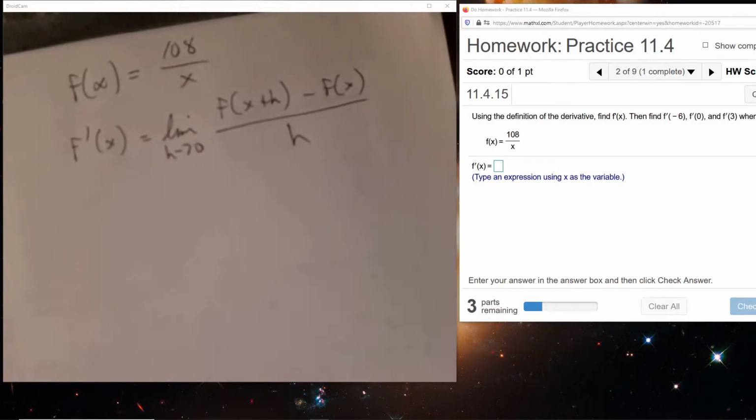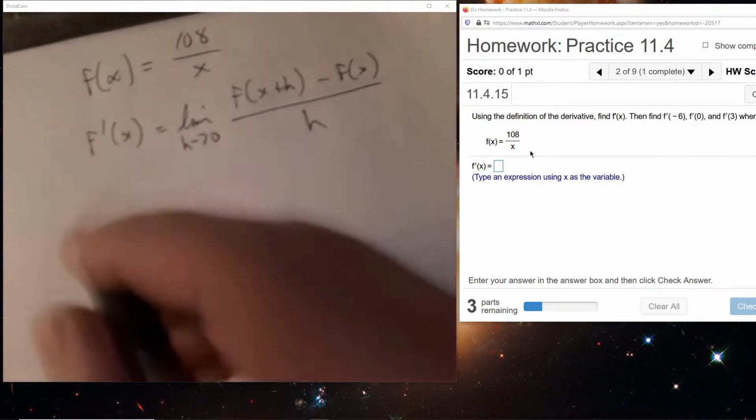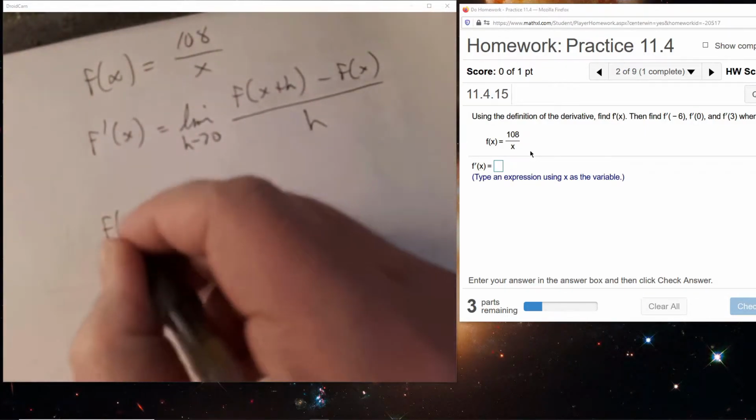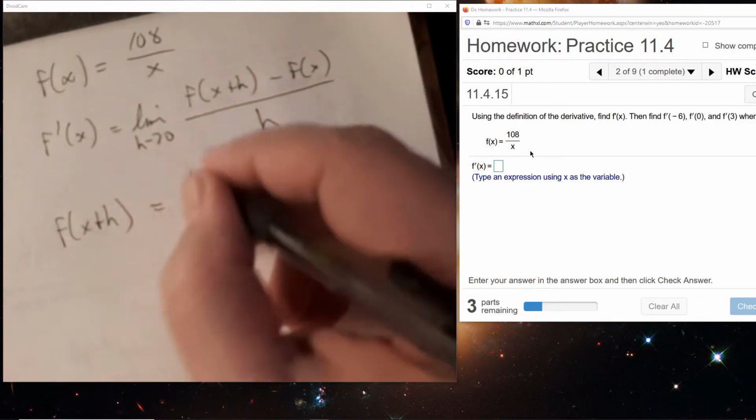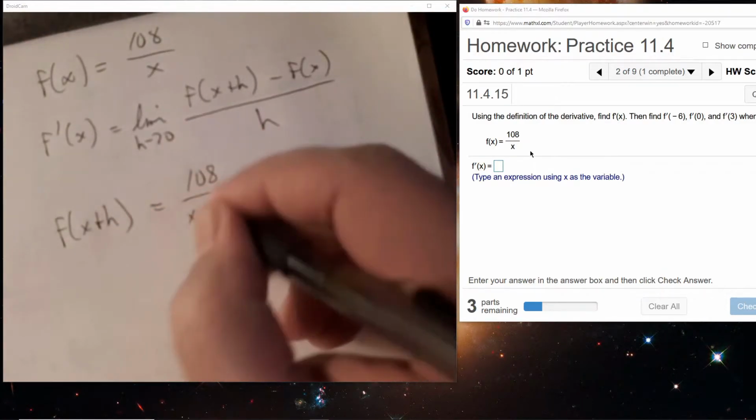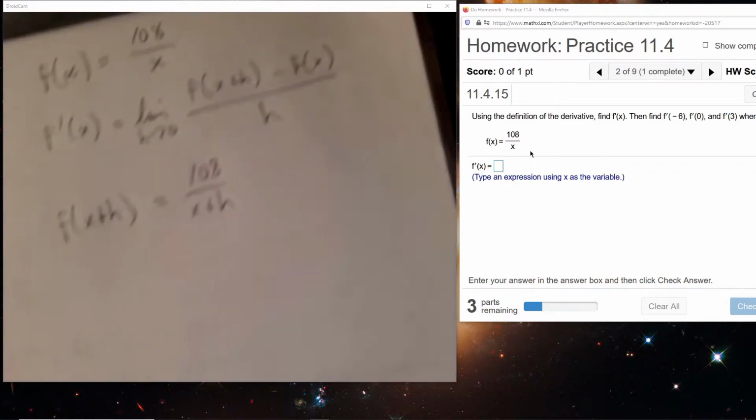So number 2 here. So we have the function 108 divided by x. And we've got our definition of the limit of the derivative here. And again, the first thing we're going to need is what is f of x plus h. So we'll just plug that into the function and get 108 over x plus h.